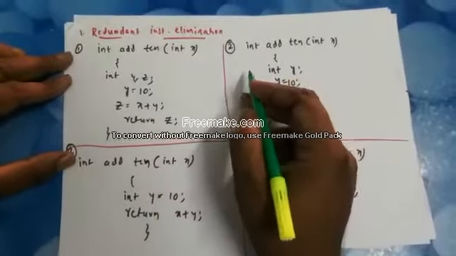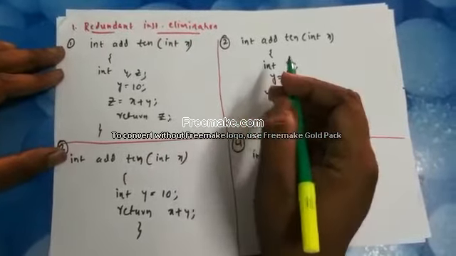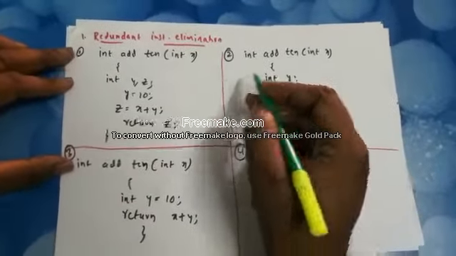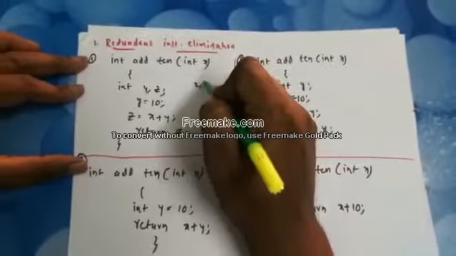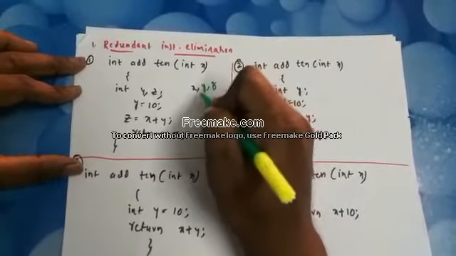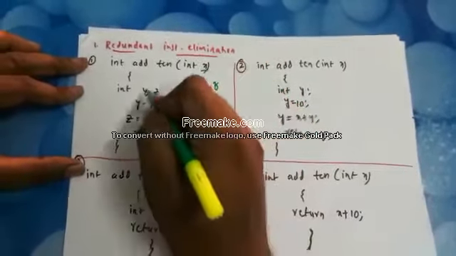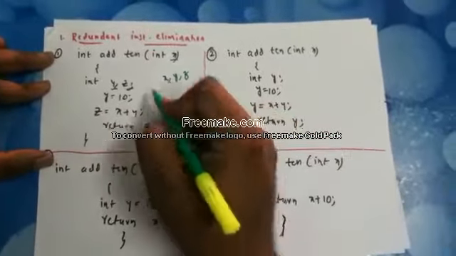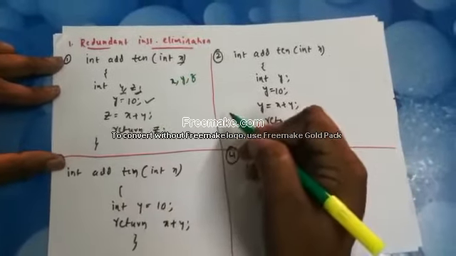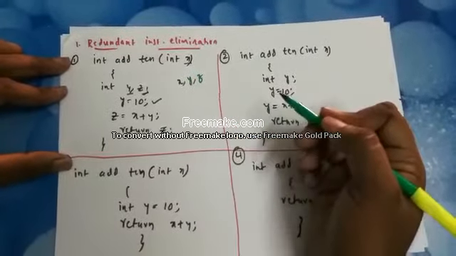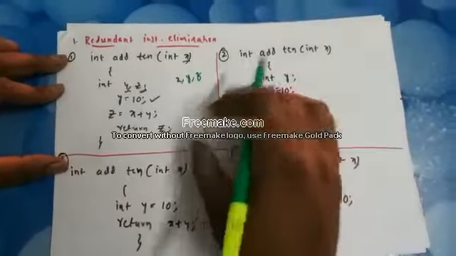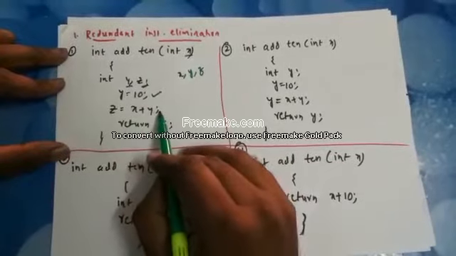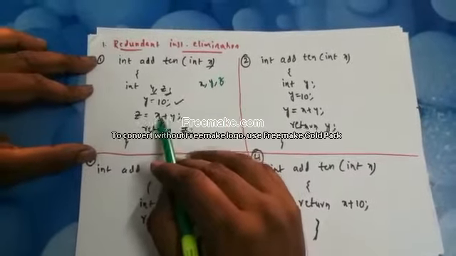Here I have taken three variables, x, y, z, and all three are integers. I have assigned y equal to 10, and x has some value. Then the statement is z equal to x plus y.